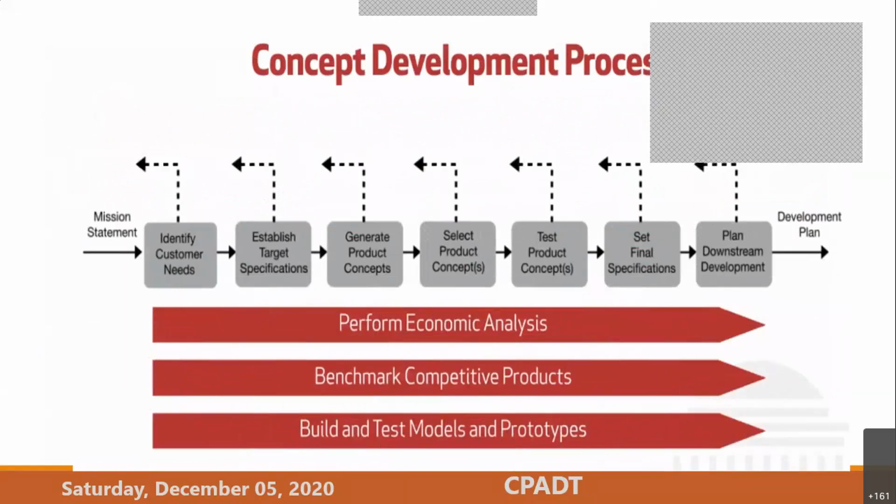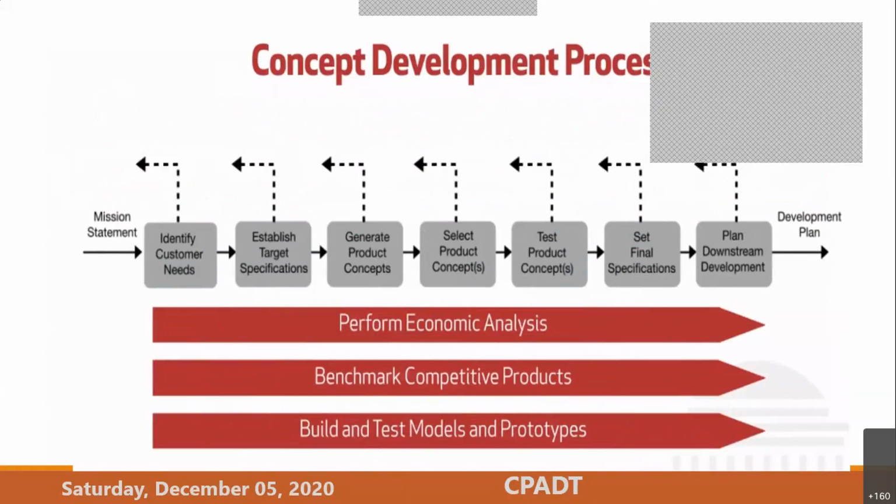In the concept development phase, I try to identify the customer needs. This is basically your mission statement. Once you come out with your needs, you have come up with your mission statement. You're trying to establish your target specifications, generate the product concepts, select those concepts, test them, and then come up with the final specifications.